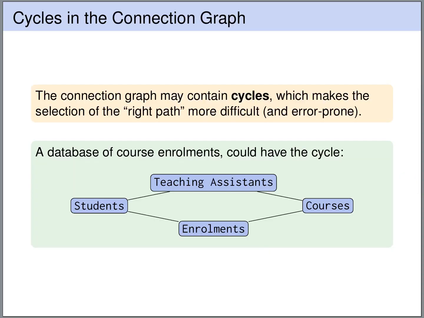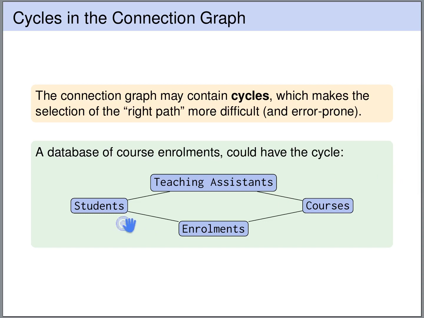So the connection graph with the foreign key relations may help us to find out how to link certain tuple variables. However, in general, the connection graph can contain cycles, and this makes the selection of the right path more difficult. For instance, in this example, we have a database with course enrollments.